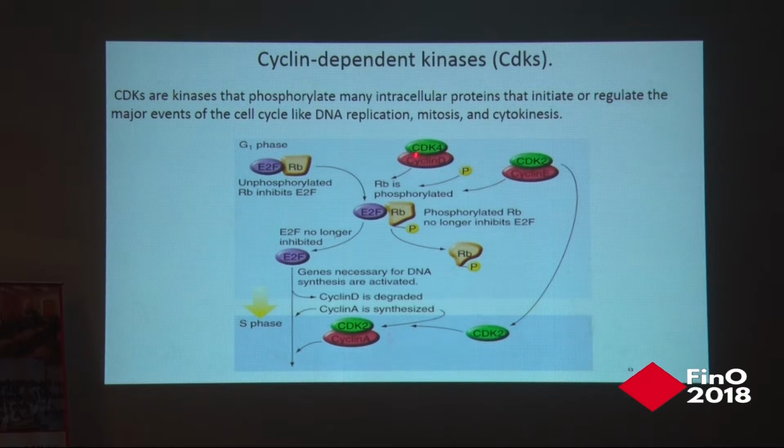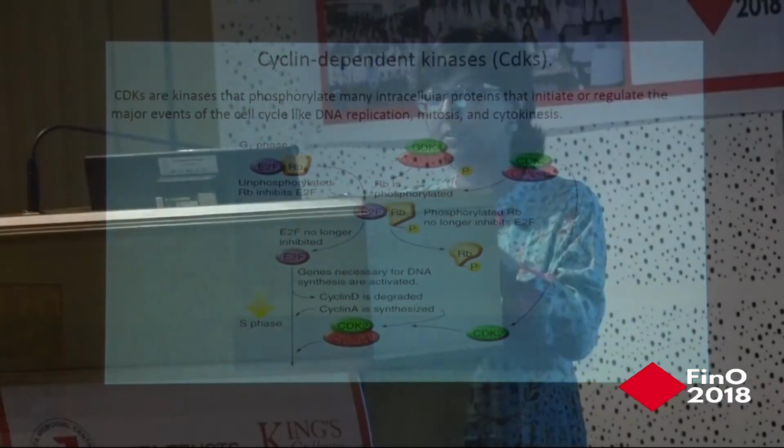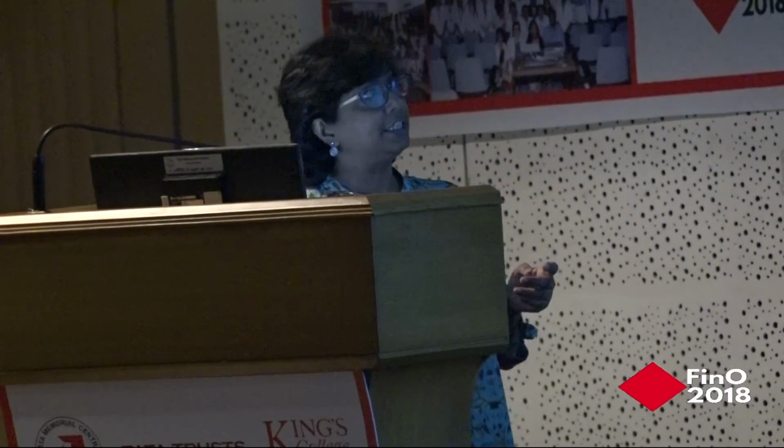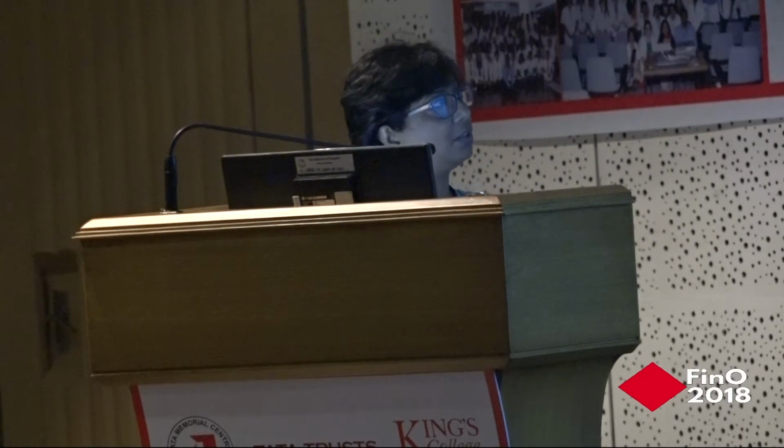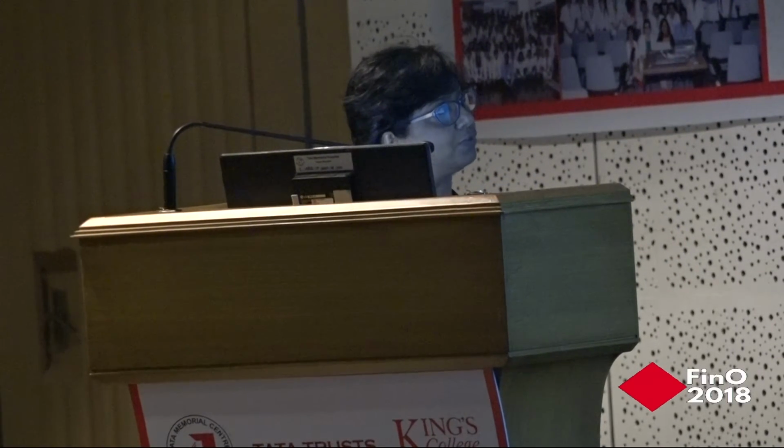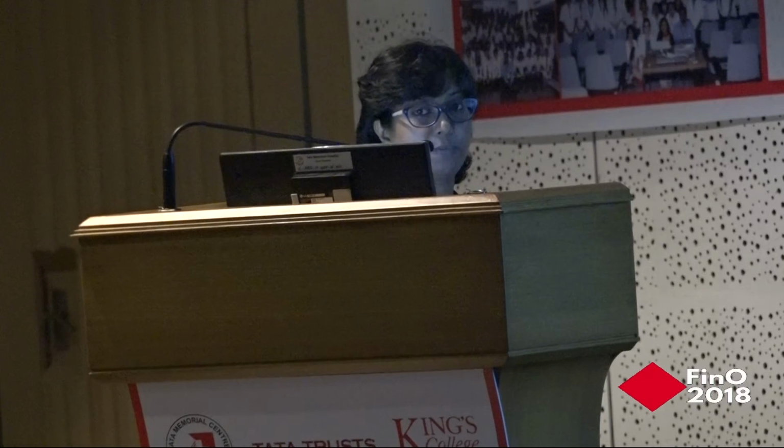As shown here, there are 2 proteins, cyclin D and CDK4. Like I mentioned, there are many cyclins and many CDKs, and specific combinations are expressed at different phases of the cell cycle. When CDK4 and cyclin D come together, the CDK can phosphorylate a protein called RB.